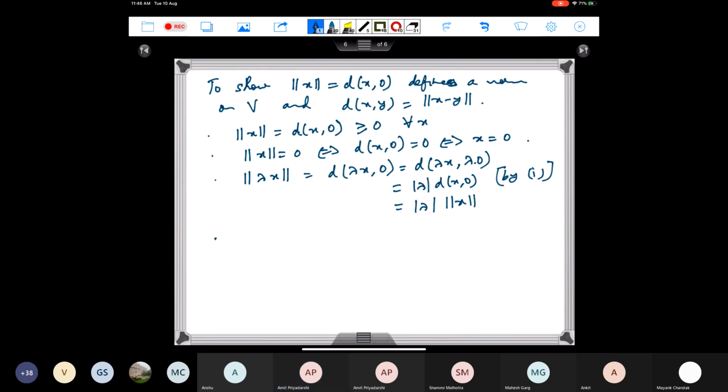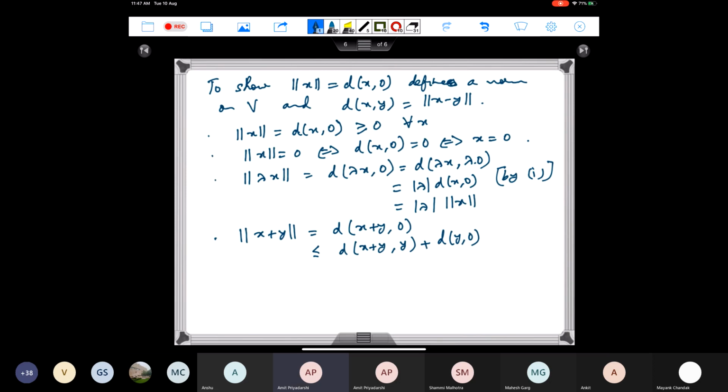And the last one is the triangle inequality. So if we look at norm of x plus y, this is distance between x plus y and 0. We want to show that this is less than or equal to norm x plus norm y. That means this is less than or equal to distance between x and 0 plus distance between y and 0. So first of all, because d is a metric, this is less than or equal to distance between x plus y and y plus distance between y and 0.